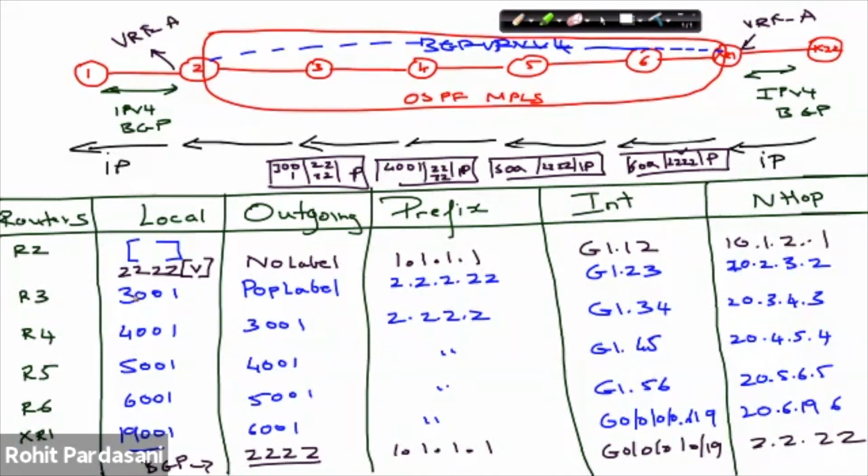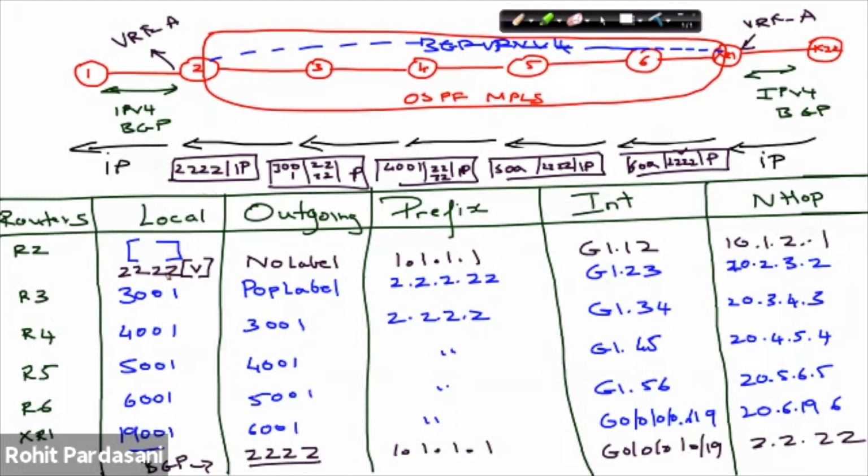If I receive 3001, what do I do? Pop label, remove the topmost layer. So he removes just the topmost layer and forwards a VPN labeled packet to the remote PE R2. So R2 gets 2222.